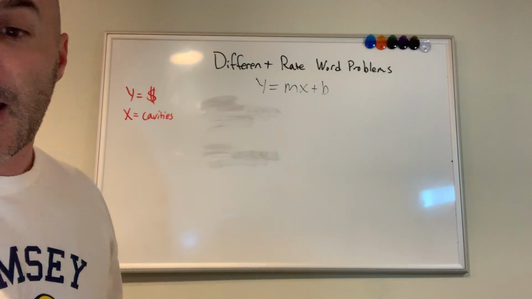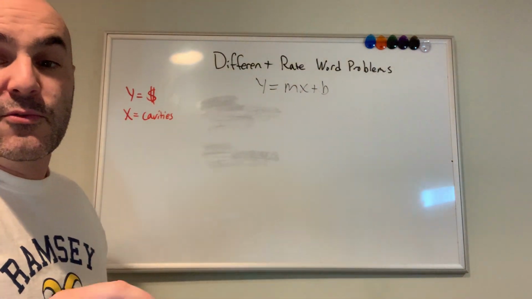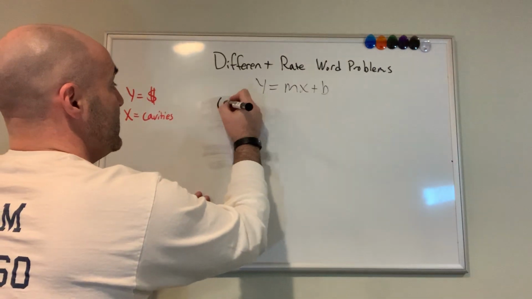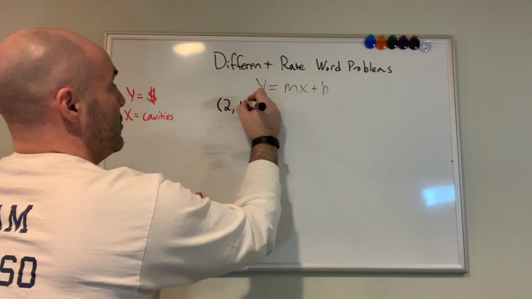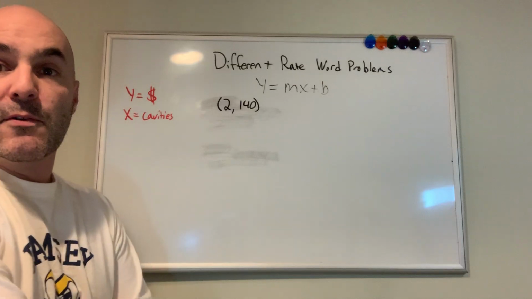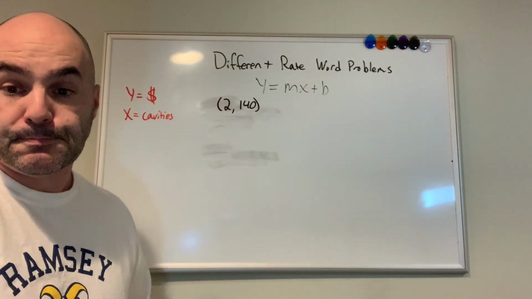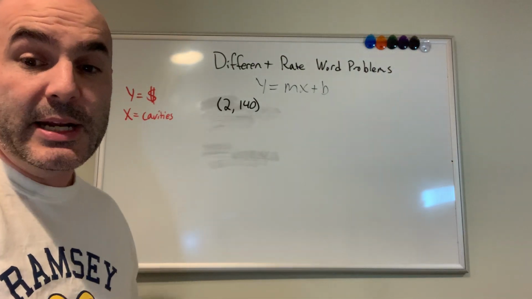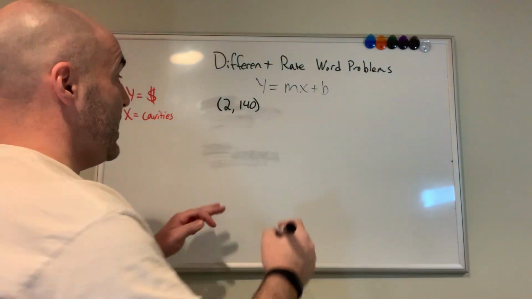Okay, so as I read again, my dentist charged me $140 for 2 cavities. So 2 cavities, $140, that's going to be my first data point. He charged my brother $320 to fill 5 cavities.